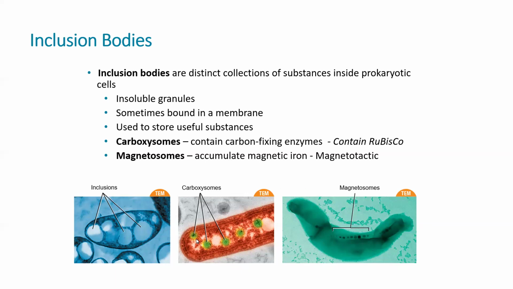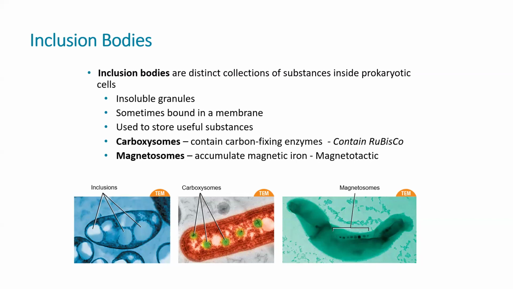And then we have things like these carboxysomes, which contain carbon fixing enzymes. And so carbon fixation is what plants do, right? That's how we turn CO2 into like sugar. So when a plant is performing photosynthesis, that is a type of carbon fixation.